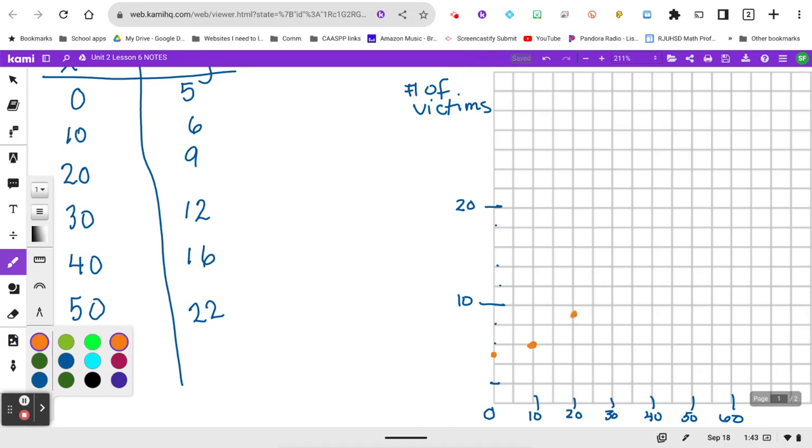You can see it is increasing. 30 is 12, 40, 16, 50, we're going to be at 22. And you can see we are increasing. Can't exactly get it straight today. Very similar to an exponential. And if we continued on, we could see that. All right.